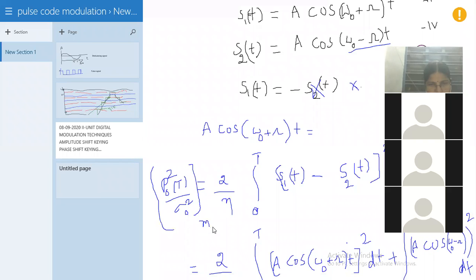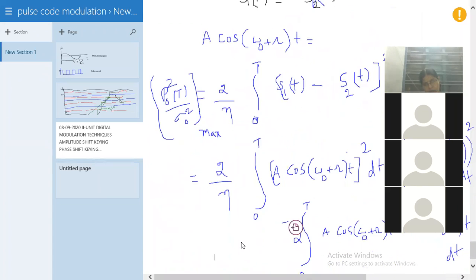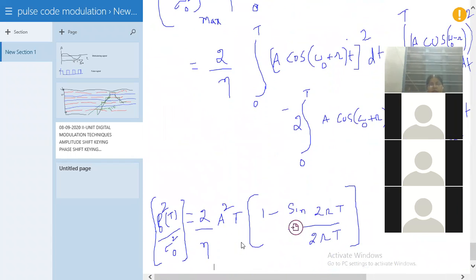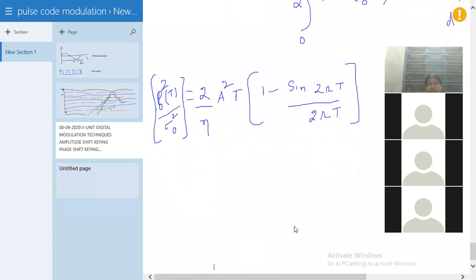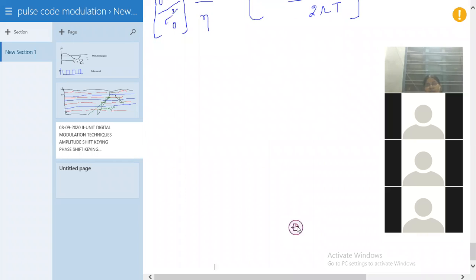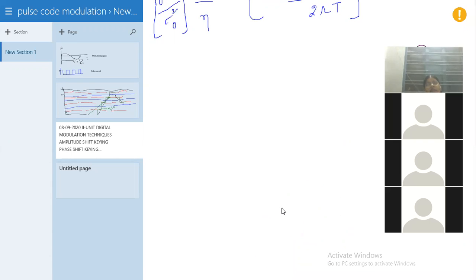Okay, this is a maximum. So after solving this one, you will get the final equation is like this. Now here you can take one approximation. So this is a value. Okay. So this is the expression for this one. Then here we can substitute value for sine 2 omega t by 2 omega t for getting the P naught square of t by sigma naught square maximum value.